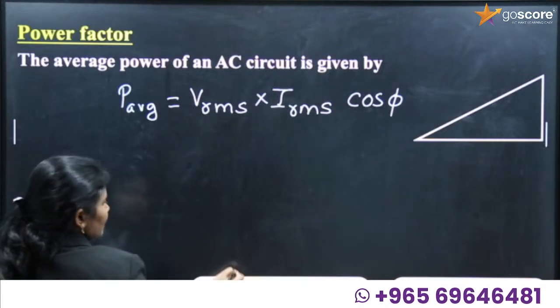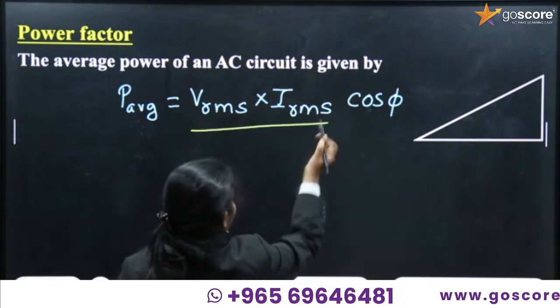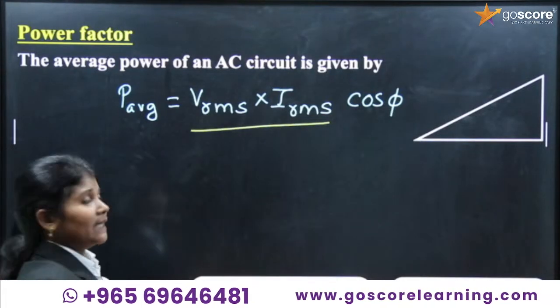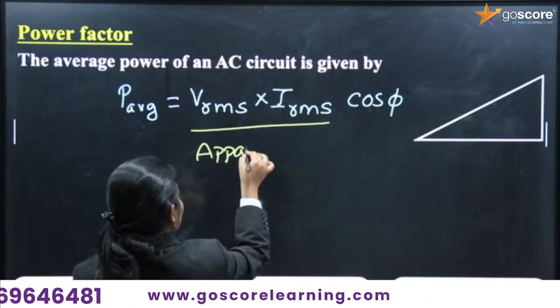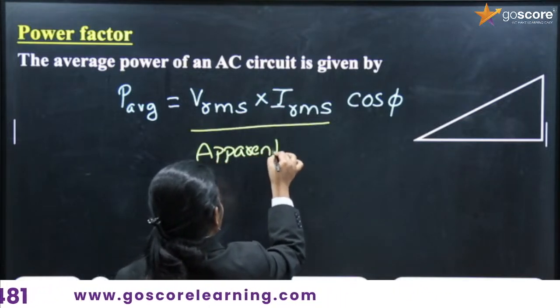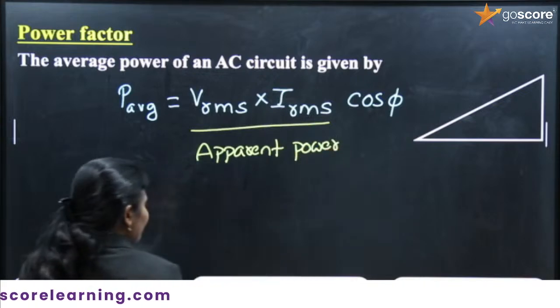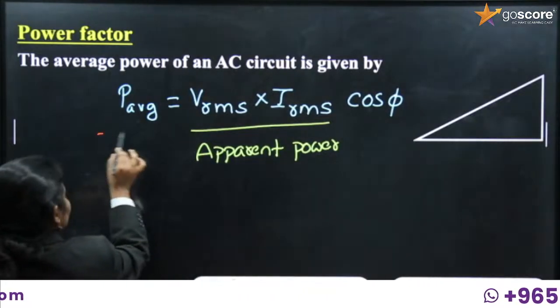Here we consider VRMS into IRMS as the apparent power. This average power we consider as the true power.